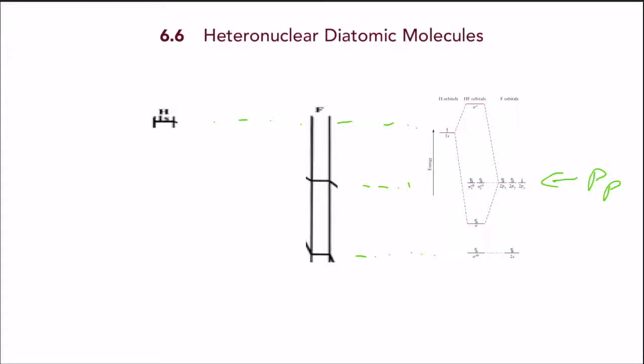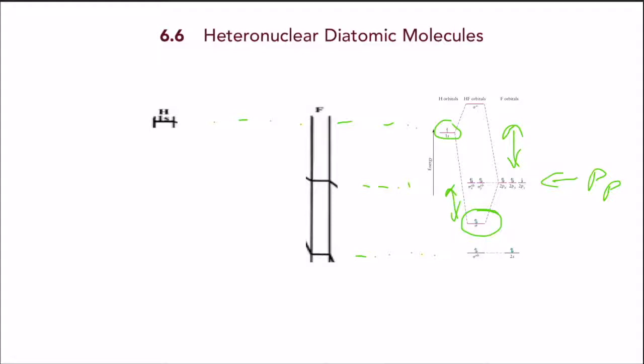So the diagram that the book wrote is fairly accurate. And we see that the bonding is by the 2pz with the 1s. Okay. Now the strength of the bonding gets smaller and smaller as the gap between the orbitals increases. Okay.